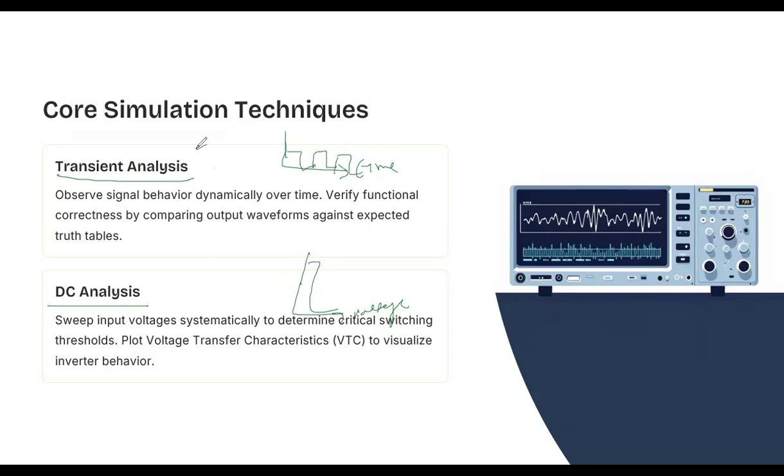These two analyses are required in different manner for different circuits, or for the different kinds of outputs we require. In most cases, when we calculate dynamic power, we use the transient analysis. When we talk about static power, or we want to talk about stability, we take DC analysis. When we talk about delays, again we need the transient analysis. So every analysis has its value, and these are very important.